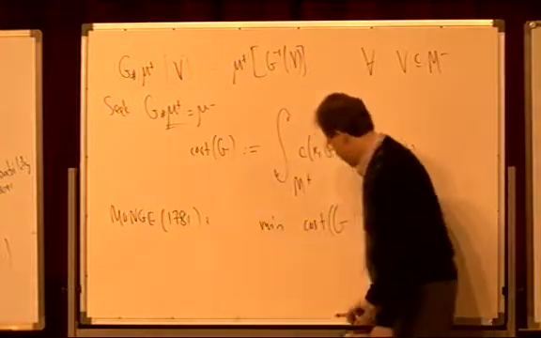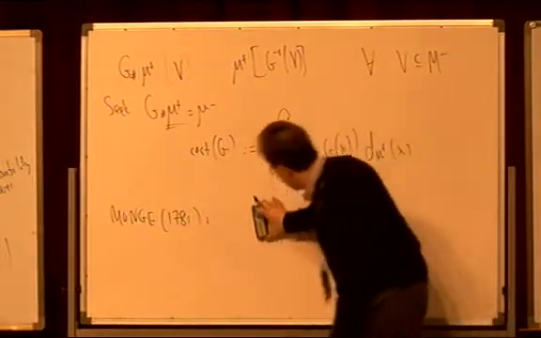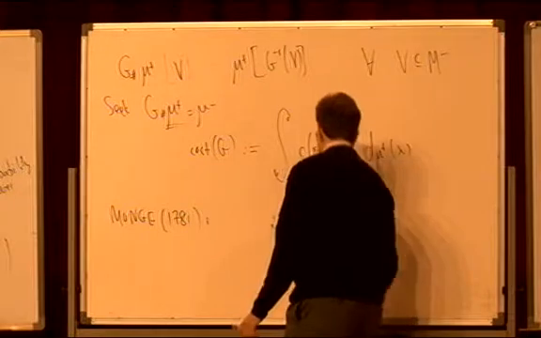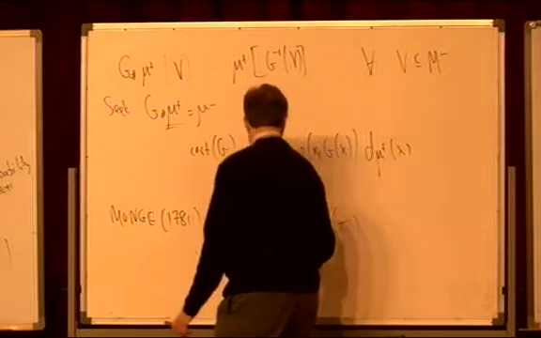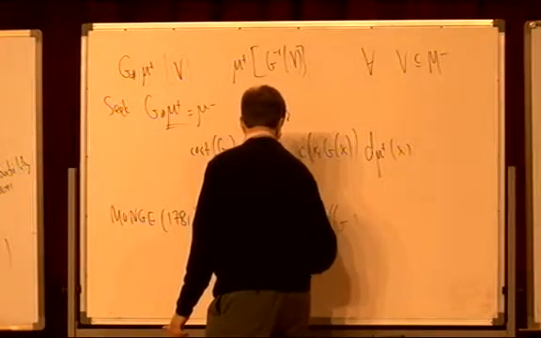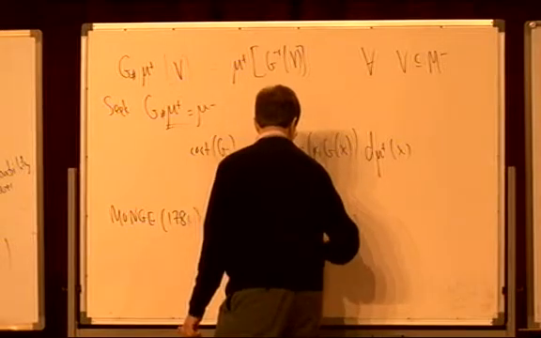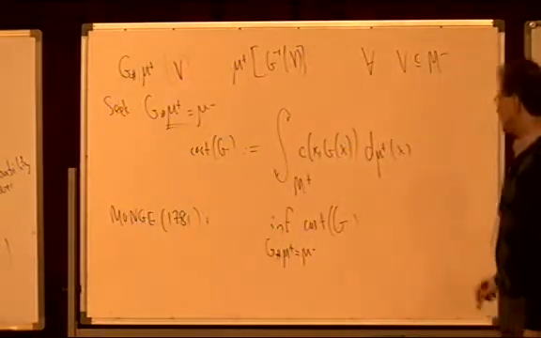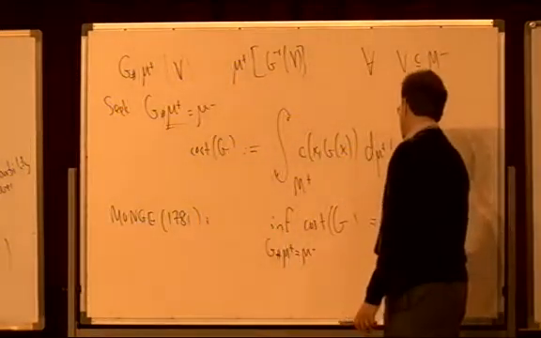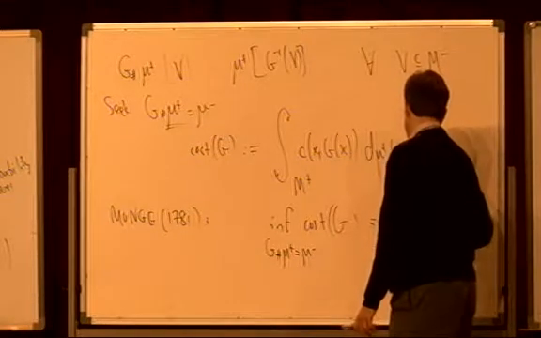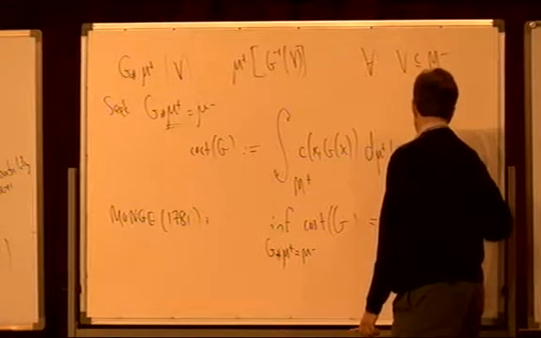And actually, it's not so clear that the minimum is attained, so maybe I better write infimum. And this infimum is a number. It depends on c and mu plus and mu minus.